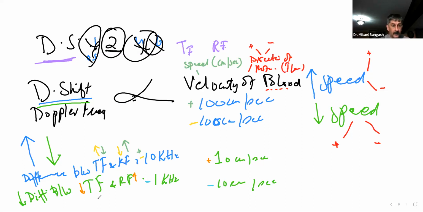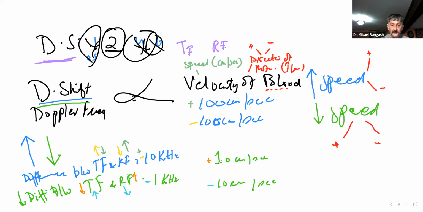That's mainly when the transmitted frequency was greater than the reflected frequency, where the negative sign tells the system that the red blood cells are moving away from the transducer. Did you get that? It's moving away from the transducer, whereas positive is towards the transducer.